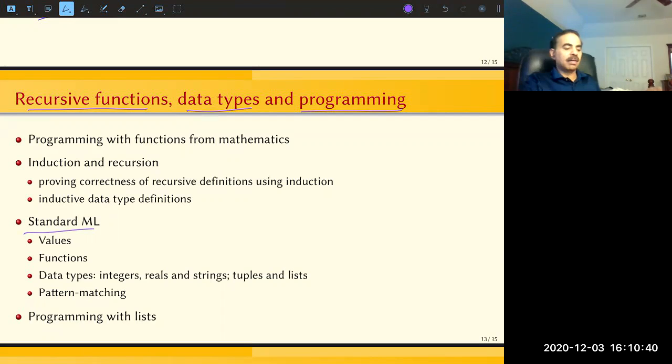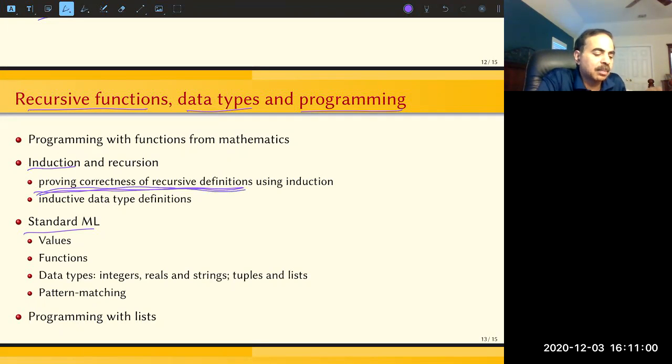And right in here, we talked about induction, and very briefly, I introduced the concept of proving the correctness of recursive definitions, right? Most of our programs can be thought of, from a mathematical perspective, as nothing but recursive definitions. And if we want to be sure that they are correct and they do what we want them to do, then we need to prove them correct.